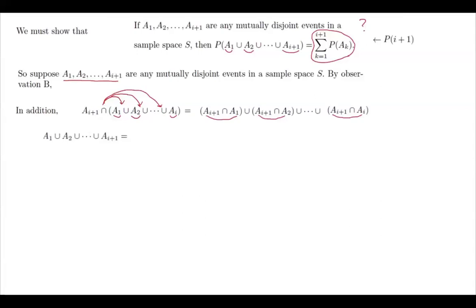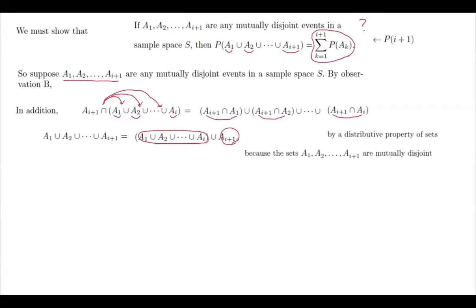Well, A1 union A2 union A sub i is nothing but the union, you can group these together, A1 union A2 union A sub i, union the last set. Because sets A1, A2, up to A sub i and A sub i plus 1 are mutually disjoint, it is equal to empty set union empty set union empty set, which is going to be empty.